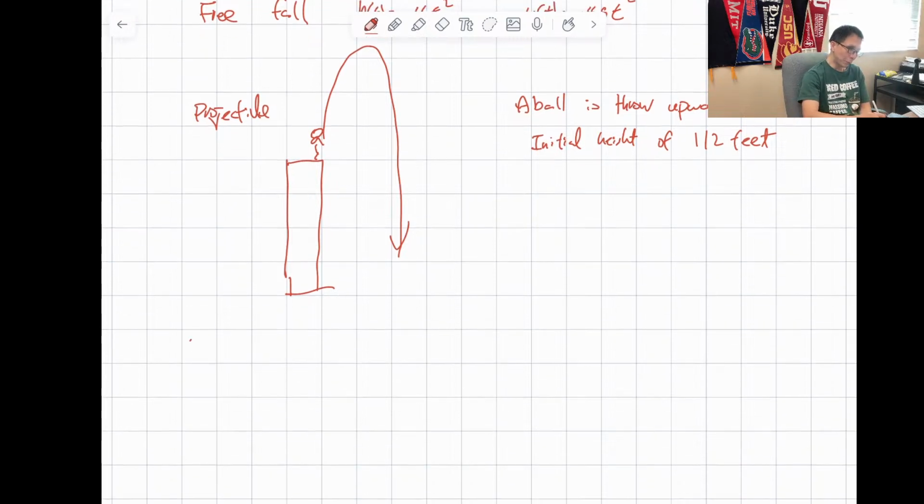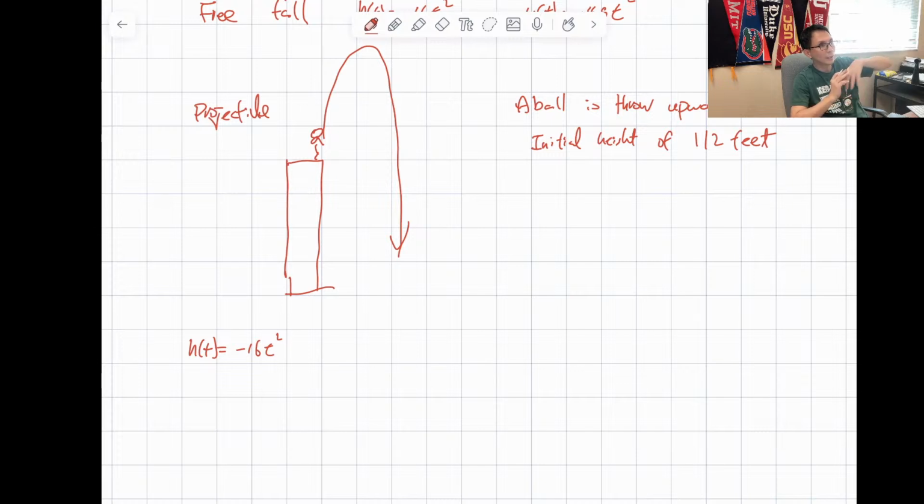Knowing that the h of t equation always has negative 16 t squared, no matter what object, you're going to have a free fall. But it matters how fast you throw upwards. Say you play basketball and shoot the ball. Once it leaves your hand, you're no longer in control of it; it's all gravity pulling the ball down.